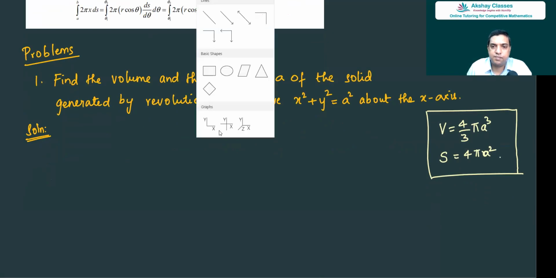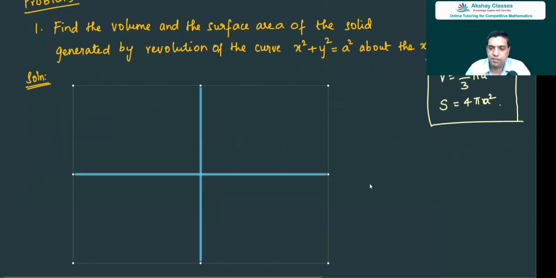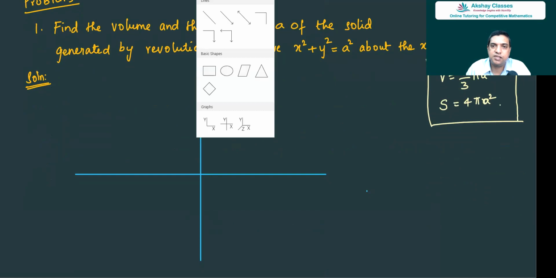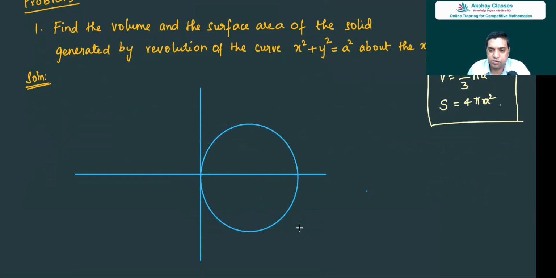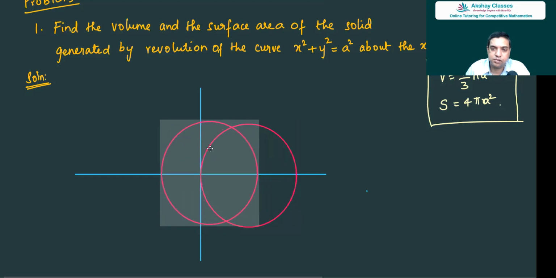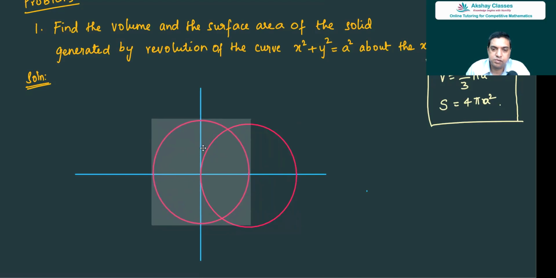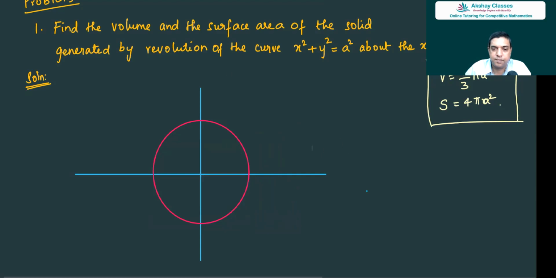Let us draw the curve. Let us draw the circle first. This is the origin, radius is a.